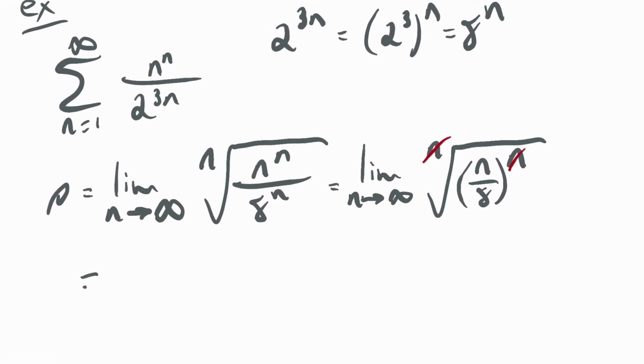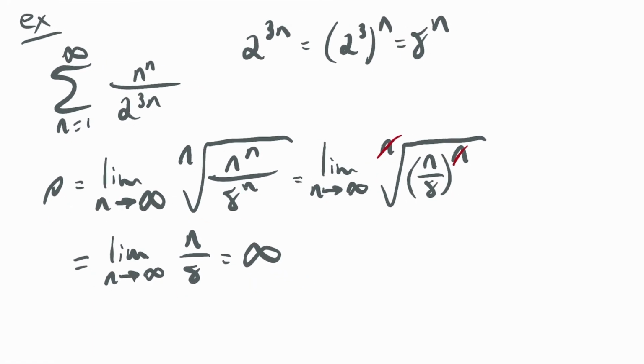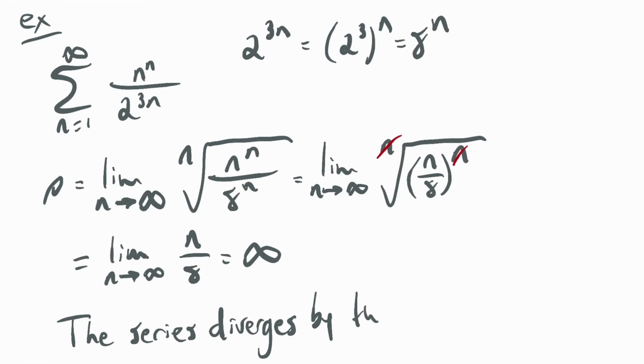So this is the limit as n goes to infinity of n over 8. The top's going to infinity, so we get infinity. So rho is infinity, so the series diverges by the root test.